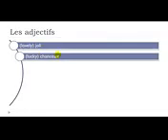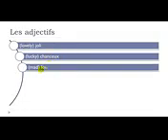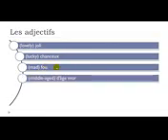Chanceux. Final X not pronounced. And then remember, C, E, U will give you this se sound. Chanceux. Fou. Combination of O and U. Fou. D'âge mûr.